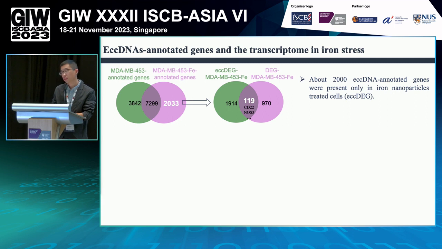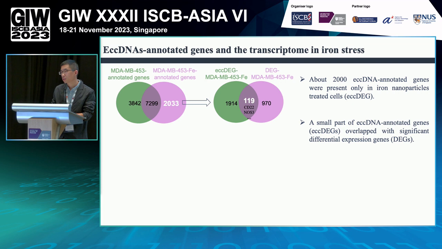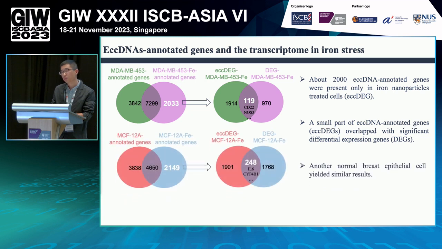Then we analyzed the amount of common eccDNA-noted genes in DEG and eccDEG, and found only a small part overlapped. I think this part of genes may reflect a specific state of the cells in response to environmental changes.